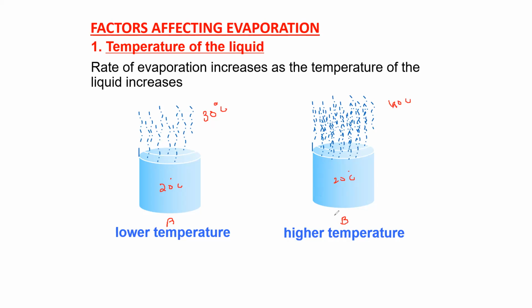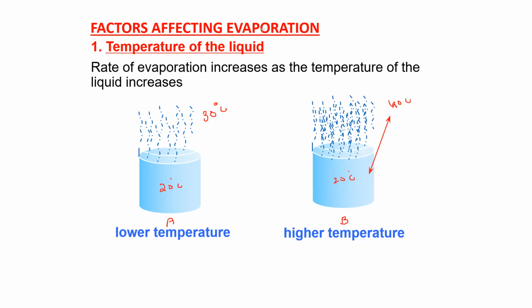The liquids are originally at the same temperature, but the surrounding temperatures are different. So the greater the difference between the temperature of a liquid and the surrounding, the faster the evaporation, because more energy is available in the surrounding.